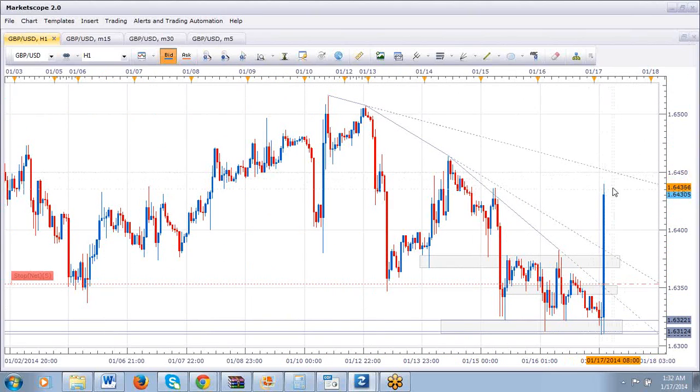The next level is around the 164.50 area. Okay, what I'll do is 164.48. Press OK, click, boom.